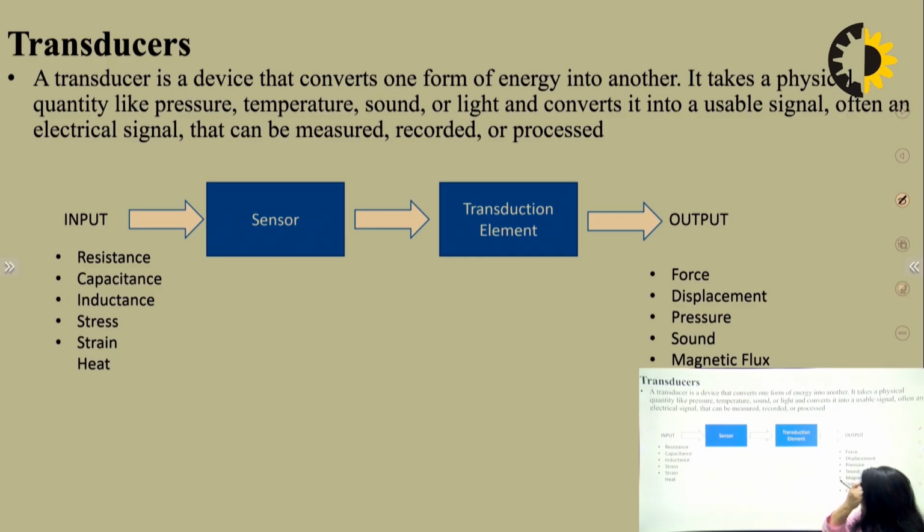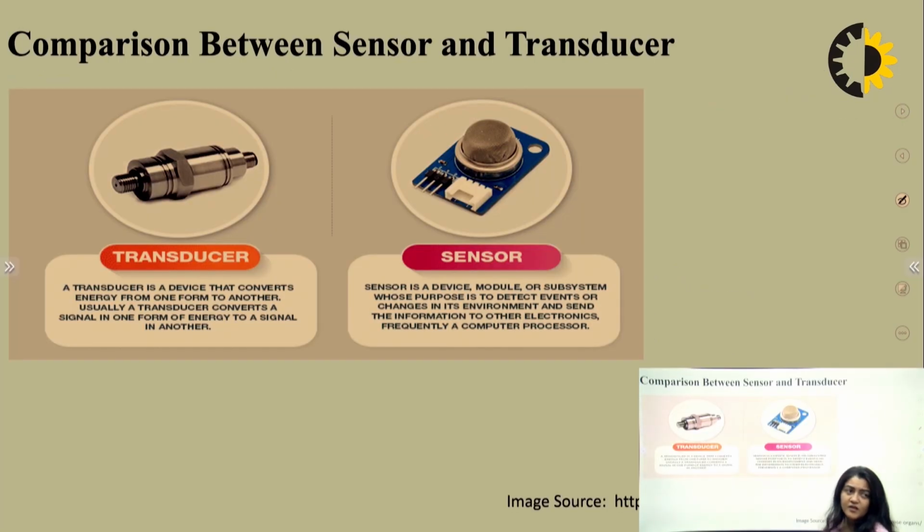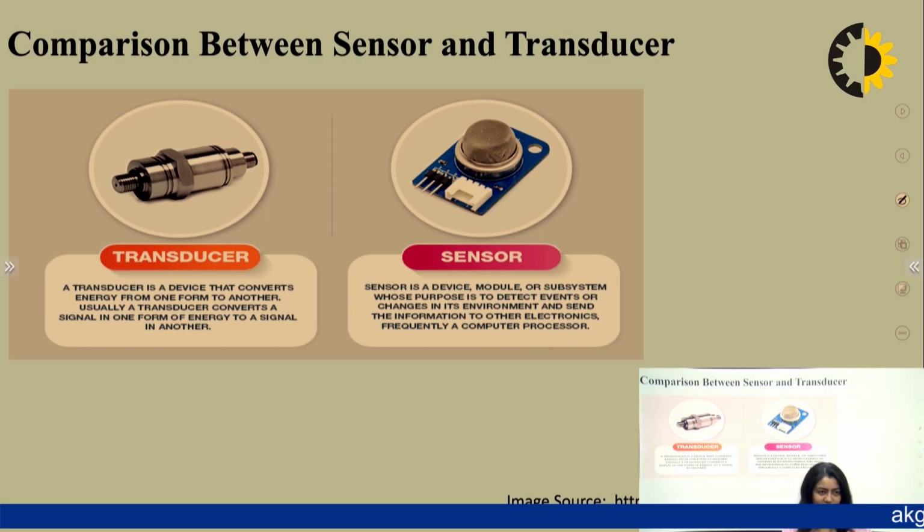So mainly what are the inputs? Resistance, capacitance, inductance, stress, strain, heat, mostly. And the output should be force, displacement, pressure, sound, magnetic flux, voltage, or current. So if you go through how sensors and transducers are seen, you see a transducer is this.